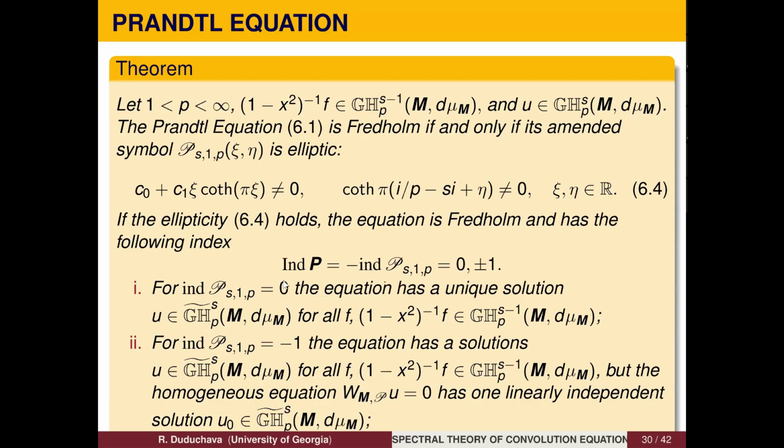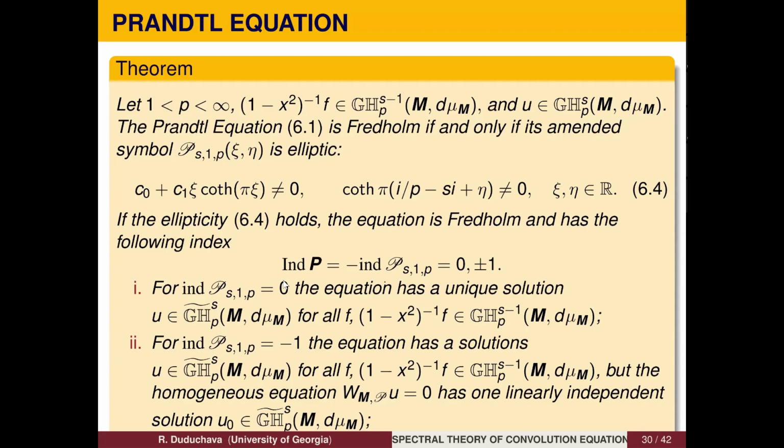This operator is Fredholm if and only if the amended symbol is not zero. Then the index is written here. It's the index of this amended symbol, and it is either 0 or plus or minus 1, only these three cases. And if the index is 0, the equation is solvable. If the index is -1, then it's again solvable, but the solution is not unique.